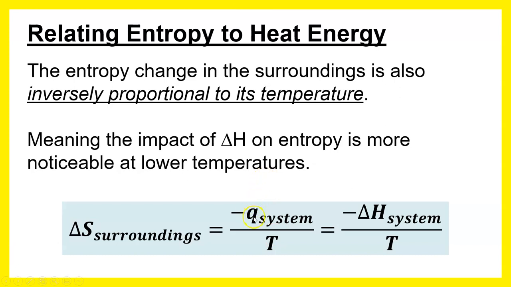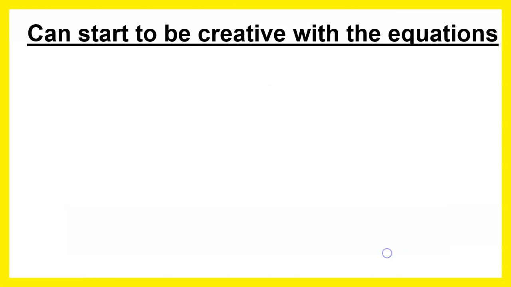Remember, we can say that Q and delta H are the same. So this allows us to say that the change in entropy of the surroundings is equal to negative change in enthalpy of the system over the temperature that it's occurring at. And this can let you mix and match things together in creative ways.